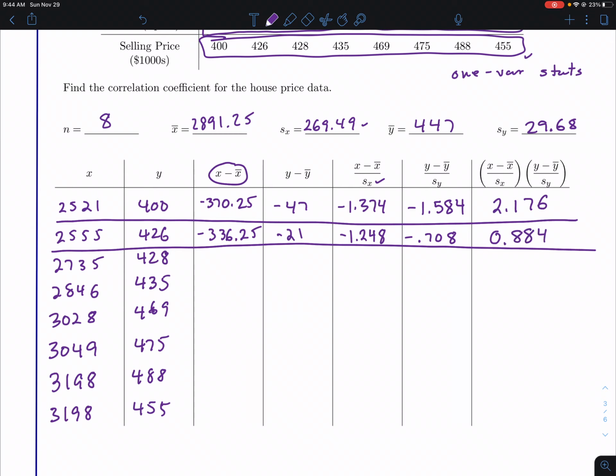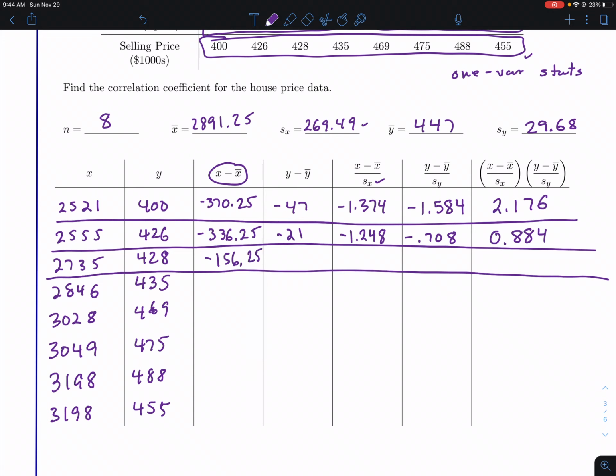And then keep going. It might make more sense to do all the X's and then do the Y's, because I keep going back and forth, and that way you already have the number in there and can divide it. So 2735 minus 2891.25 is negative 156.25.